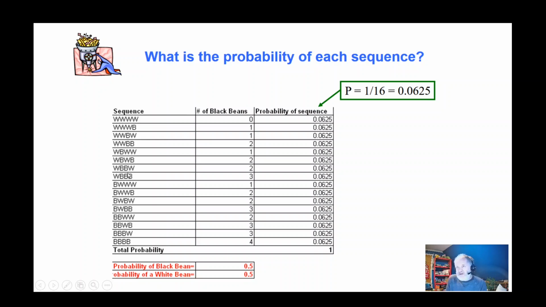So there are 4 outcomes that match that criterion, and I can add those probabilities together: 1/16 plus 1/16 plus 1/16 plus 1/16, which is 4 over 16, which is 0.25. So the probability of picking one black jelly bean is 0.25.